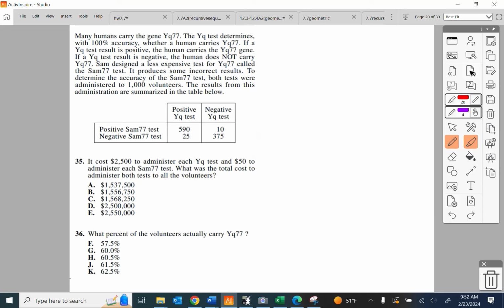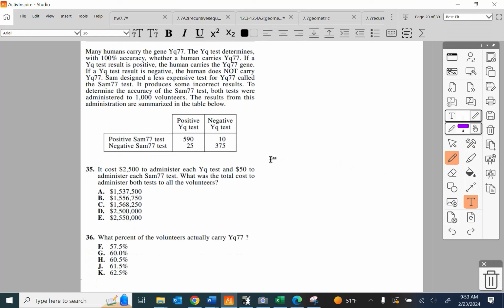So this was given to 1,000 people. It cost $2,500 to administer each YQ test and $50 to administer each SAM77 test. What was the total cost to administer both tests to all volunteers? All right, so what we're looking at is both tests together.